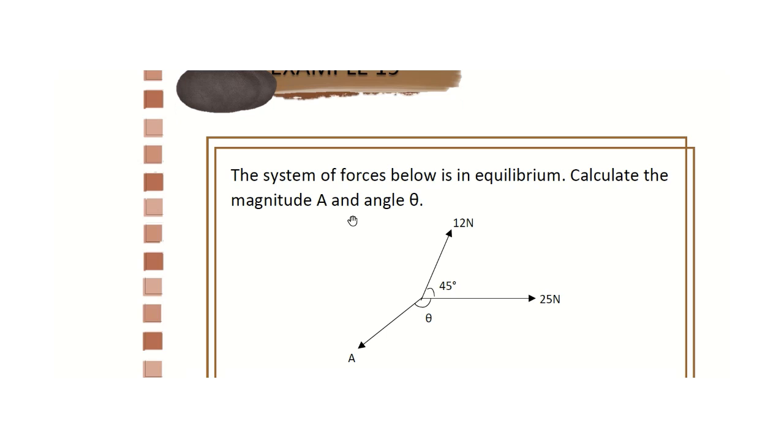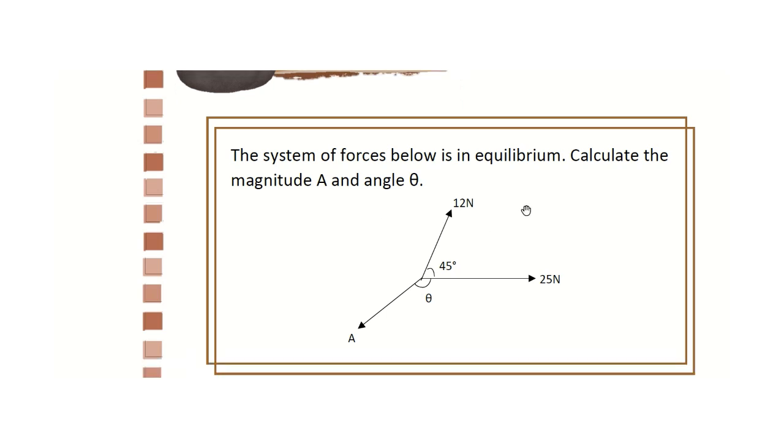Look at another example. The system of force below is in equilibrium. Calculate the magnitude A and angle theta. Here we have force A, forces of 12 Newton and 24 Newton, and an angle of 45 degrees. And then we want to calculate magnitude A and angle theta.